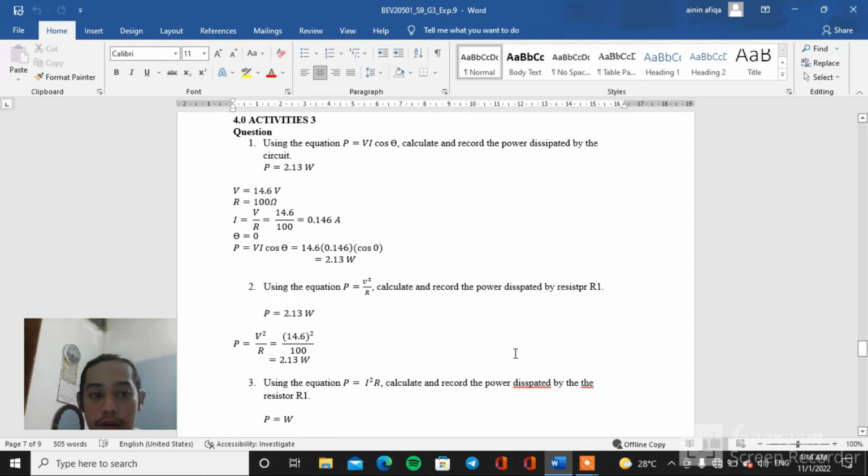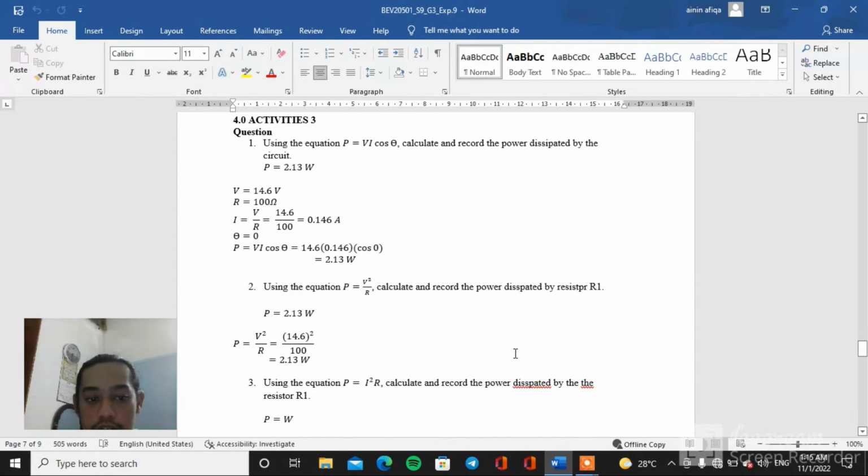So I will explain activity 3, question 1. Using the equation P equal to VI cos theta, we have to calculate and record the power dissipated by the circuit. Given in the circuit, the voltage is 14.6 and the resistance is 100. Using Ohm's law, I equal to V over R, we got the current is 0.146 ampere.